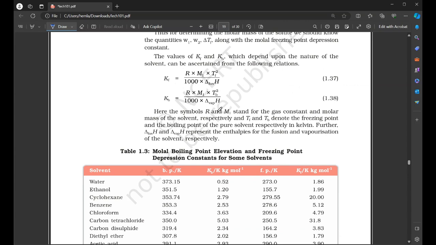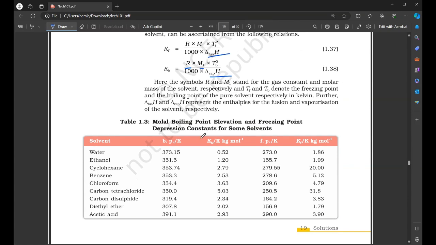Here the symbols R and M1 stand for the gas constant and the molar mass of the solvent, respectively. We all know R, and M1 is also known. Tf and Tb denote the freezing point and the boiling point of the pure solvent, respectively, in Kelvin. Further, delta H fusion and delta H vaporization represent the enthalpies of fusion and vaporization of the solvent, respectively.